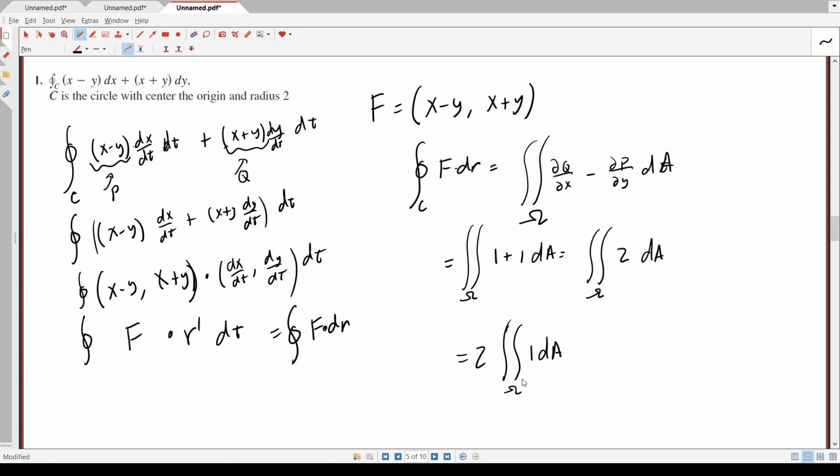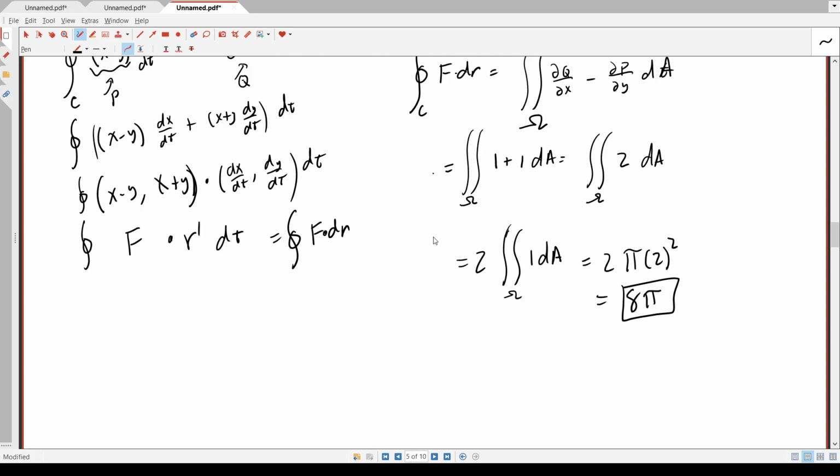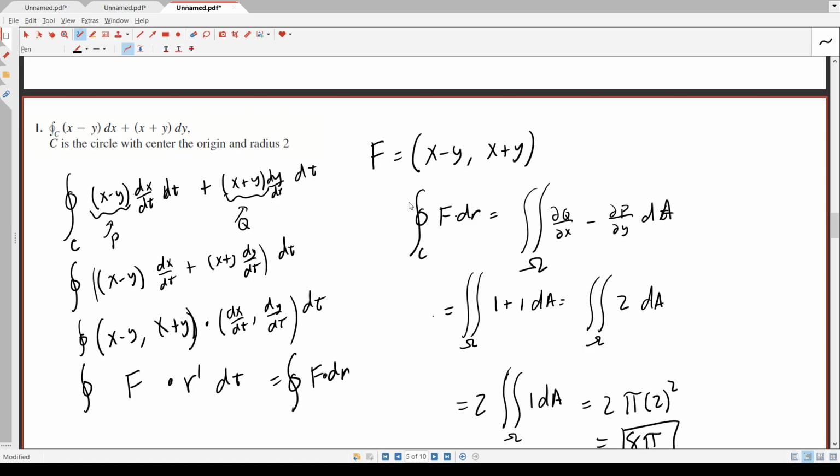It's the area of the region. Our region is a circle of radius 2, so this is going to be 2 times pi times 2 squared. So I get 8 pi. That's going to be my line integral of this vector field around the boundary of this circle.